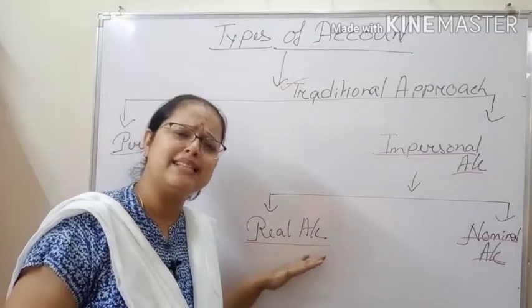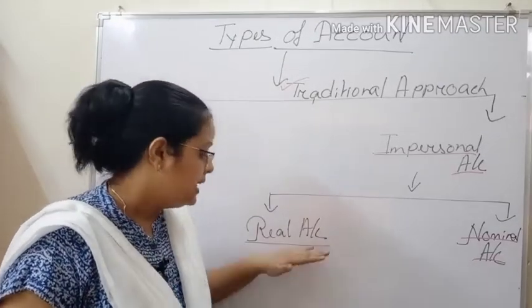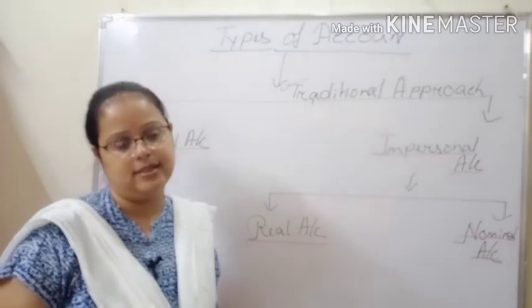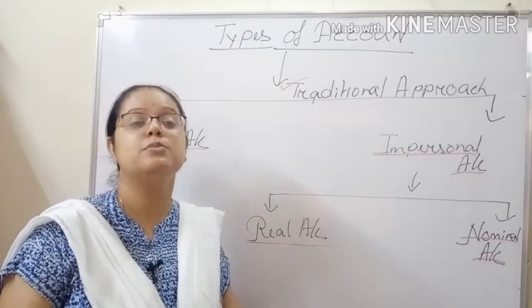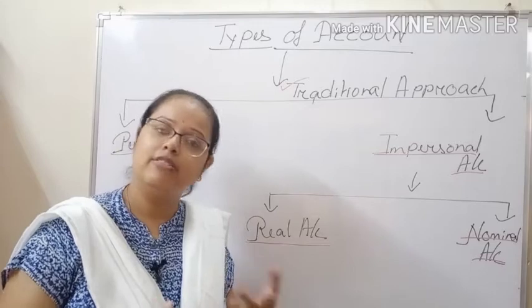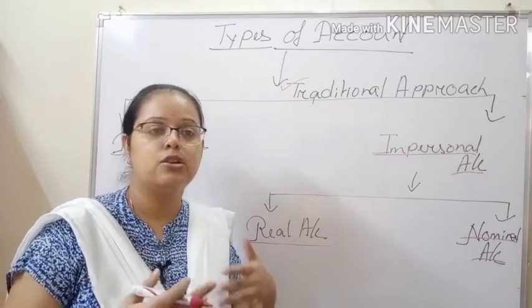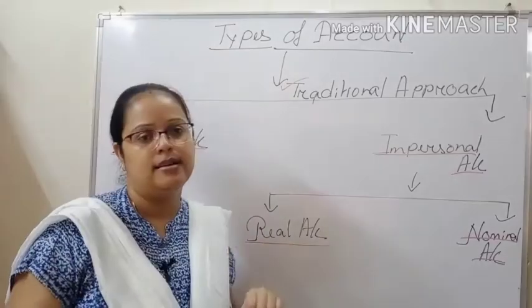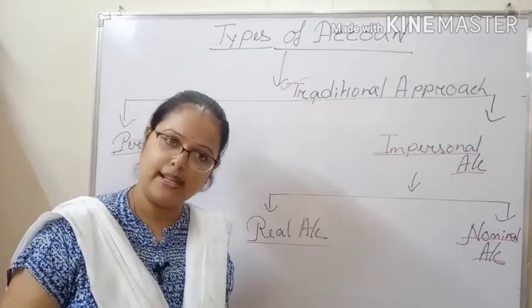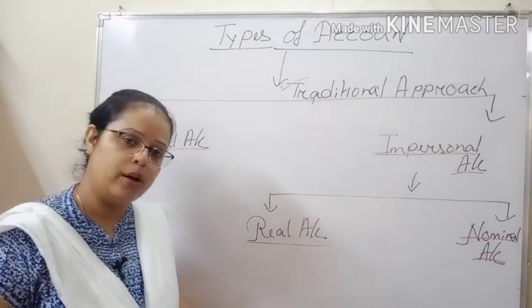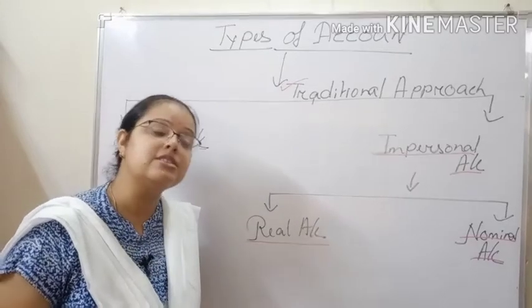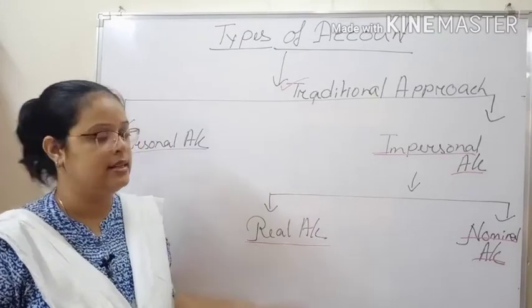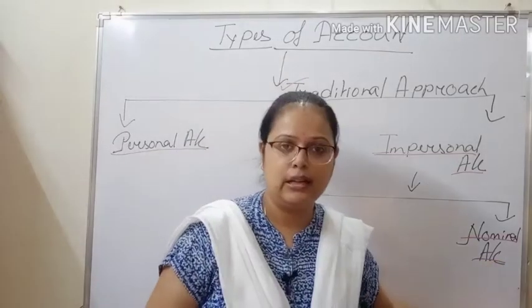All sorts of tangible and intangible assets are included under real account. Clear? All valuable properties of the business which can be used in future for a long period of time are known as real account. Now come to the nominal account.